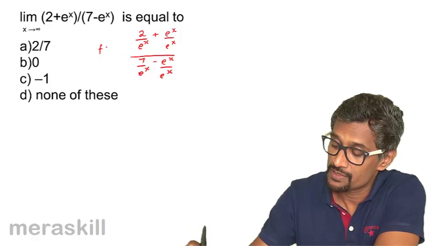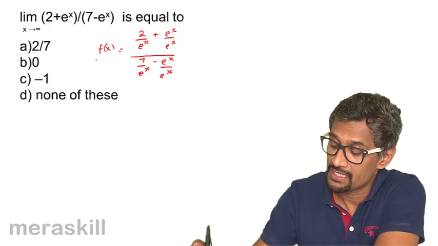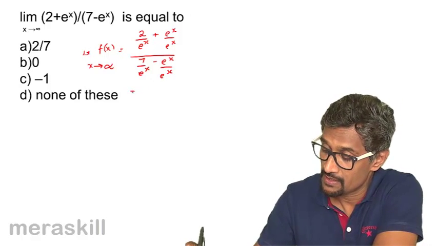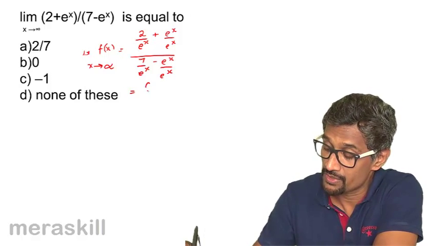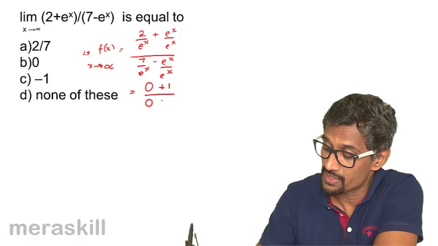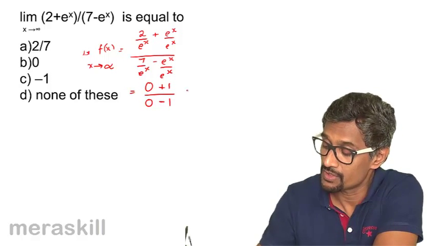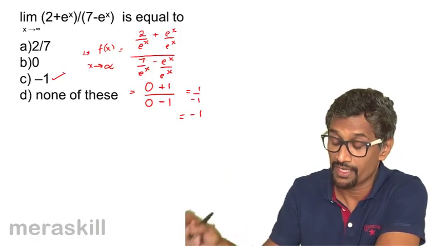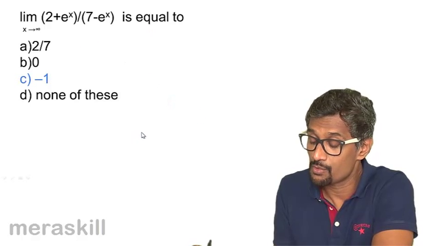And this function's limit has to be found out as x tends to infinity. Now this will tend to become 0 plus 1, and this will also tend to become 0 minus 1. So it's 1 upon minus 1, which is minus 1. So we're getting this limit as minus 1.